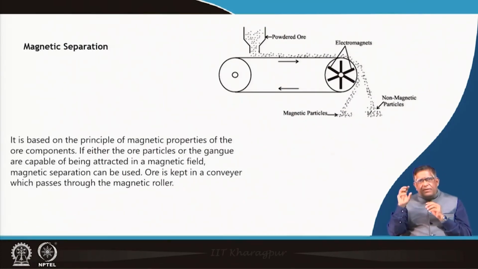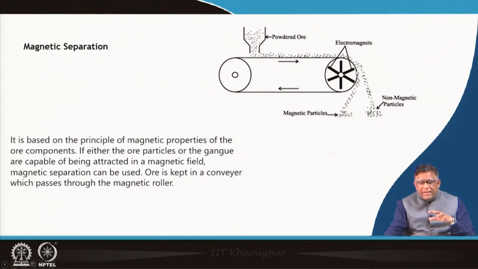If the material you have got from the mines after crushing has a magnetic property, just like I told you about magnetite, then you have an electromagnet inside the pulley. In magnetic separation, the powdered ore with magnetic property like magnetite, which is attracted by magnets, containing both non-magnetic and magnetic material, is allowed to pass over a slow moving conveyor belt, and inside the pulley we have the electromagnets.